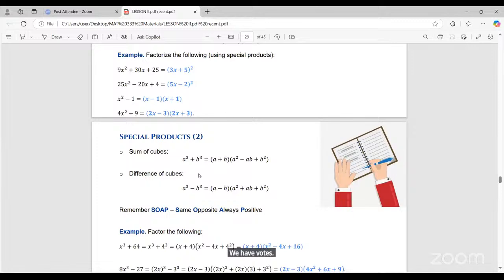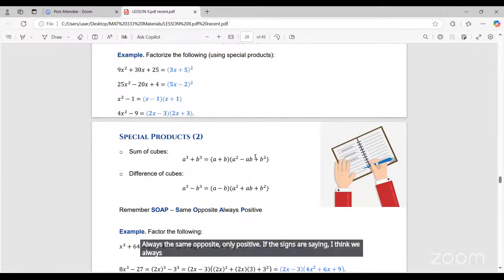We have x cubed minus b cubed. If we have it as (x minus 1) and (x plus 1), we have x minus 1. So always same, opposite, always positive. That's what they are saying.